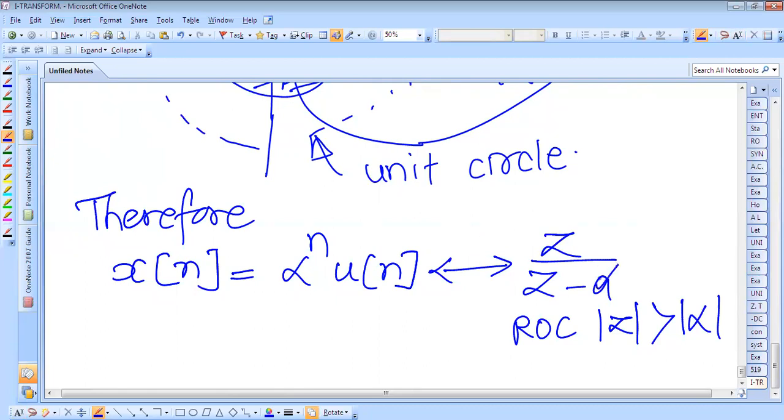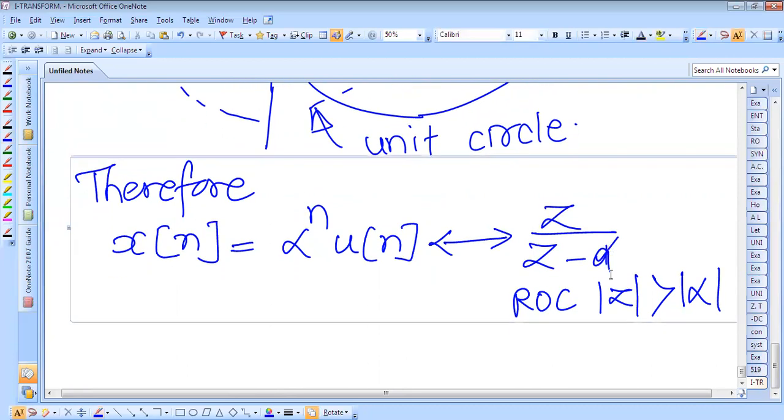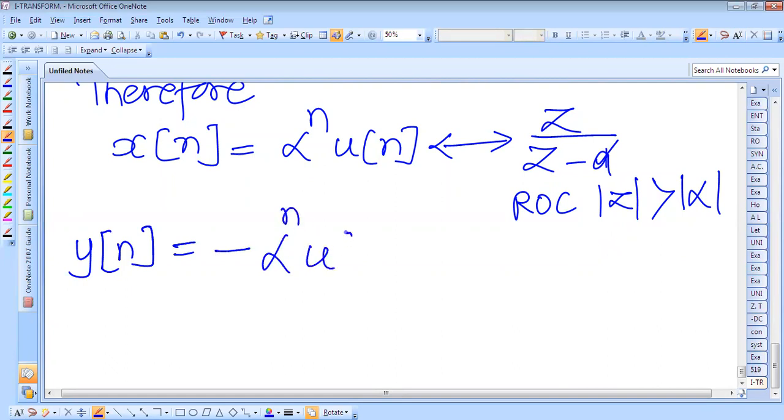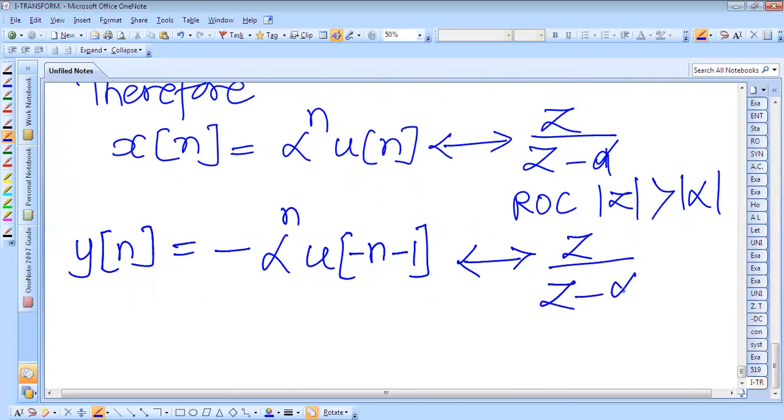This is alpha, and another signal, that is y of n, it is given, which is minus alpha raised to power n u of minus n minus 1, and the z transform is again the same, z over z minus alpha, but the ROC is the magnitude of z less than the magnitude of alpha.